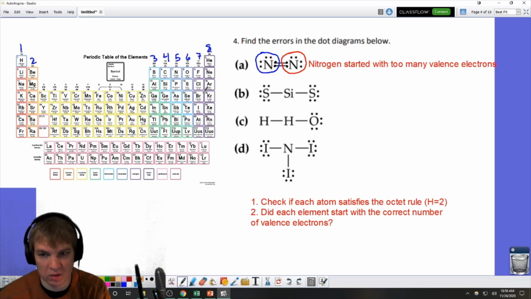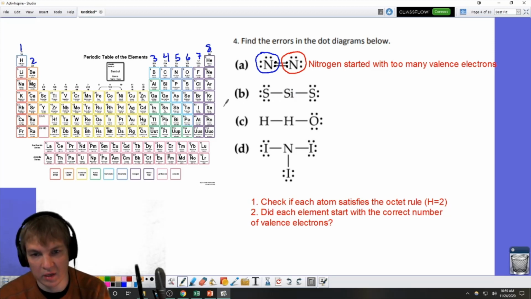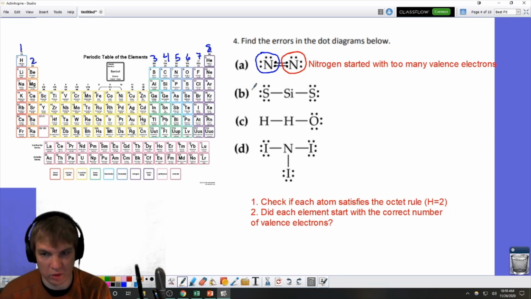Even though the sulfurs do satisfy the octet rule, silicon did not meet the octet rule. Not only that, but sulfur did not start with the correct number of valence electrons, and neither did silicon. Silicon starts with 4, but in this case, we're seeing that it only had 2. Sulfur starts with 6, but in this case, it started with 7. So there's actually 2 problems with this.